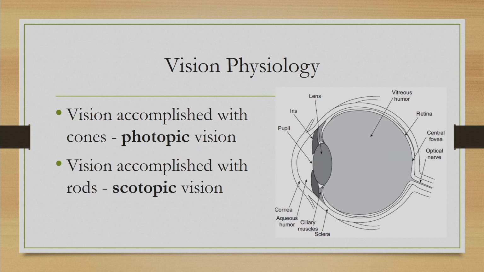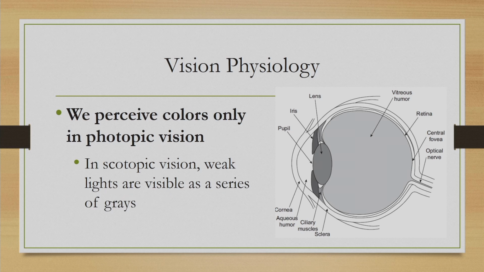Now, when we get to see something with the help of cones, that is called photopic vision, and when we get to see something with the help of rods, that is called scotopic vision. So, there are two types of vision, photopic and scotopic. And when you say we are seeing a colored image, the fact is we perceive colors only in case of photopic vision.